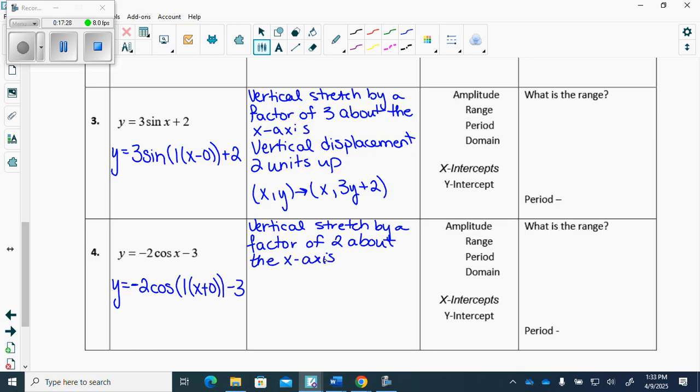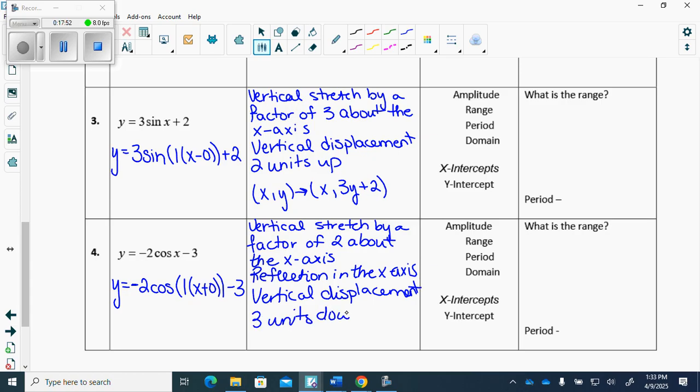Reflection in the x-axis because it's with the y. And a vertical displacement, 3 units what? 3 units down. So we get x, y becomes x. Nothing happens to my x, and my y's are multiplied by 2 and subtract 3.